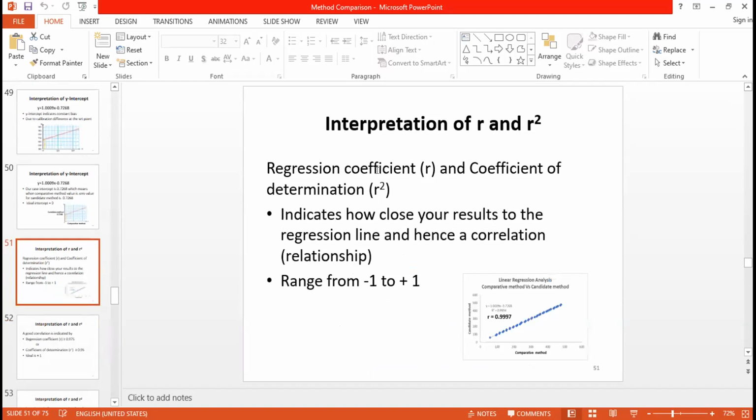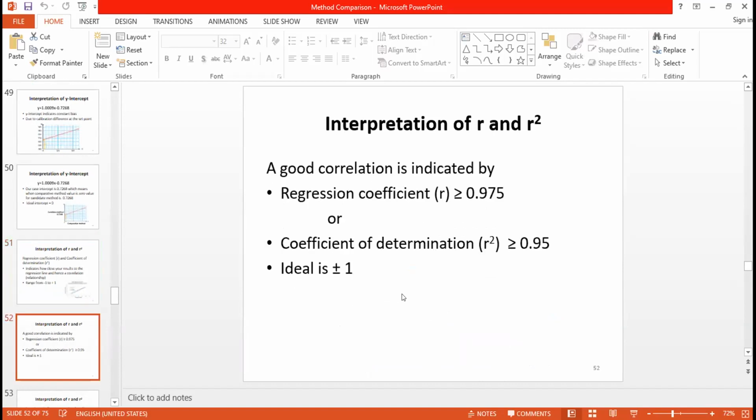Your regression coefficient and the coefficient of determination indicate how close your results are to the regression line. They range from -1 to +1. A good correlation is indicated by a regression coefficient above 0.975 or a coefficient of determination above 0.95.